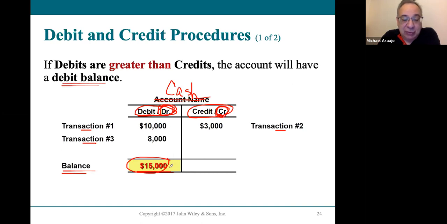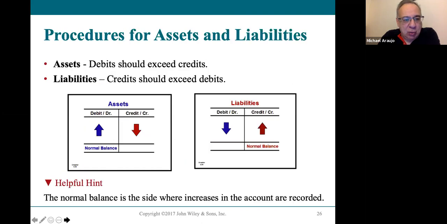Again, you have to tell what side the balance is on. The balance will always be on the bigger side. So this is just something to know.